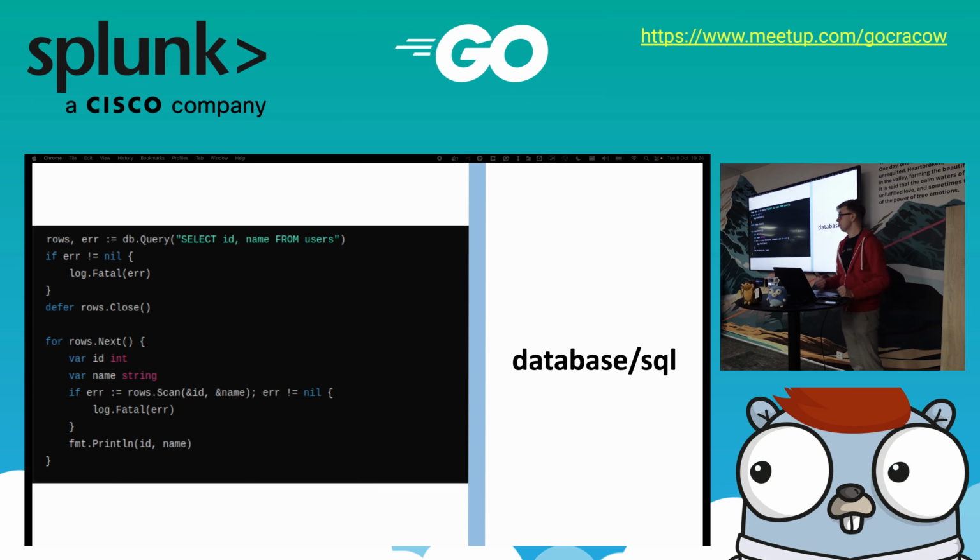And the most important thing is that we need to do row scanning manually. So if you want to translate anything from the returned output of the SQL to our structures, we need to do it manually, which might take time, might be tedious, and is something that we can copy paste from one query to another.